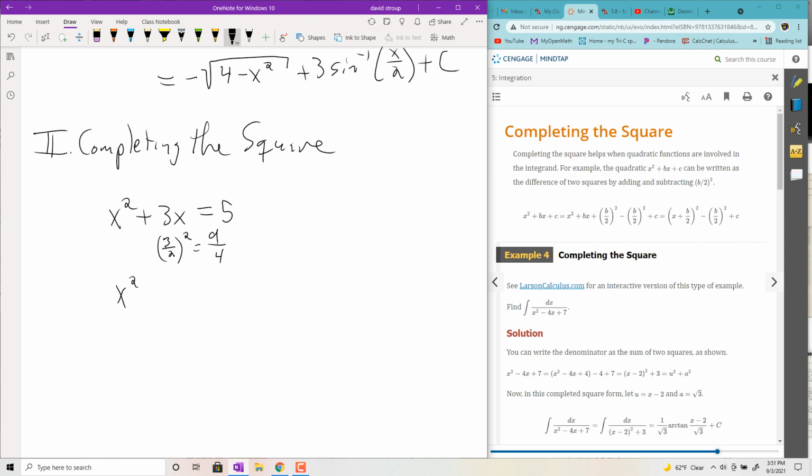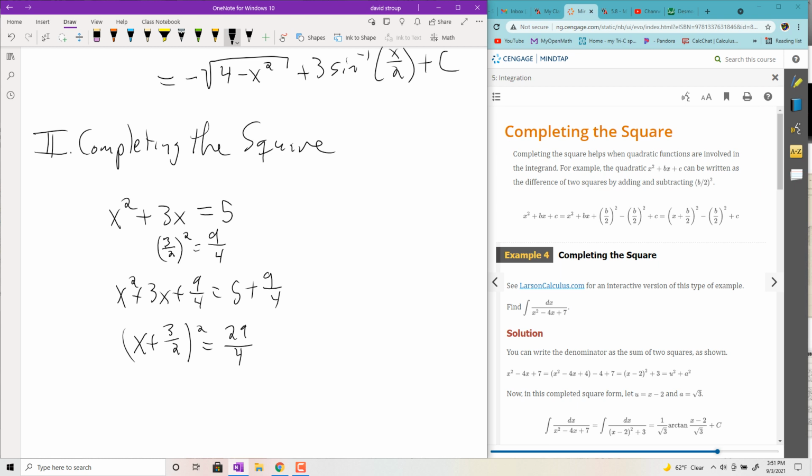So you would go x squared plus 3x plus 9/4 equals 5 plus 9/4. And then you can factor that. x plus 3/2 squared equals 29/4. And then you can solve for x by doing the square root property.